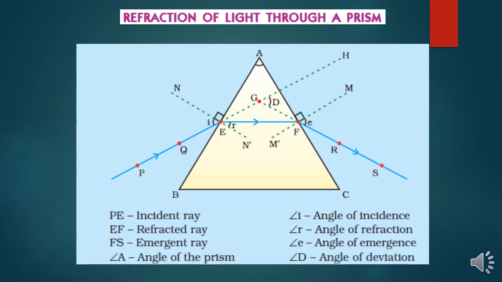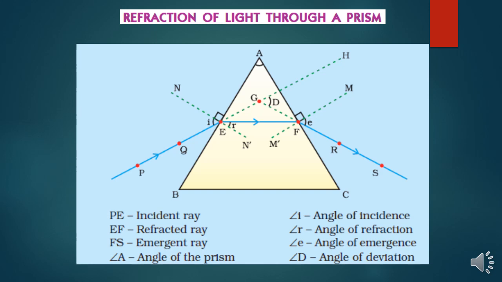Now again, when this light ray reaches point F, the medium changes again. After point F, the ray of light will leave the prism and enter the air. So as the medium changes again, there will be bending of light.